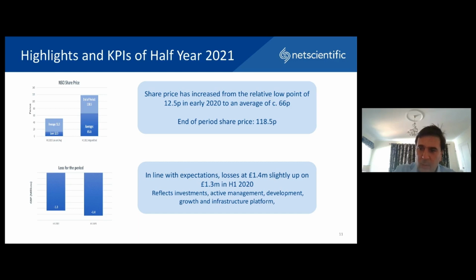But suffice it to mention that external reference points include a target price of 180 by WHI and close to 200 by another analyst. So turning to the performance underneath that, the loss for the period has increased slightly to 1.4 million, but actually what's underneath that loss is vastly different.